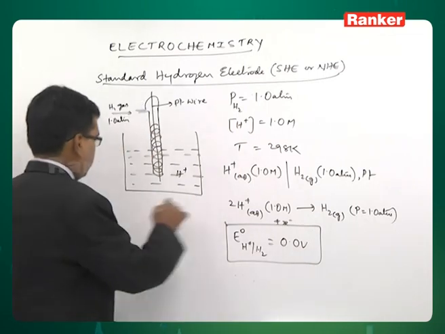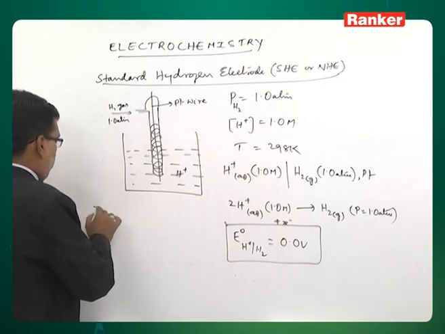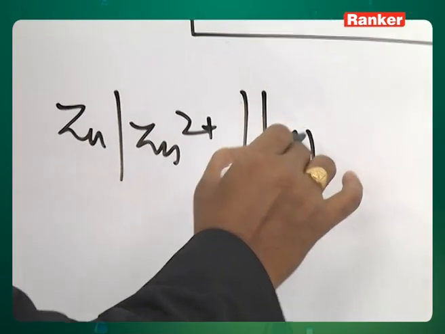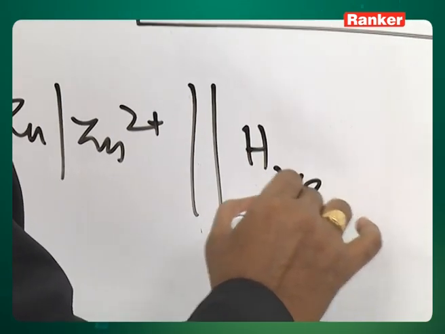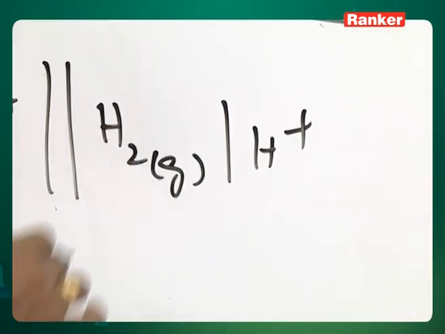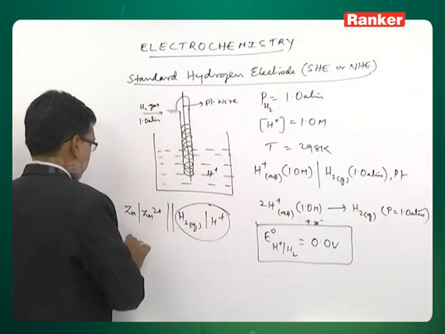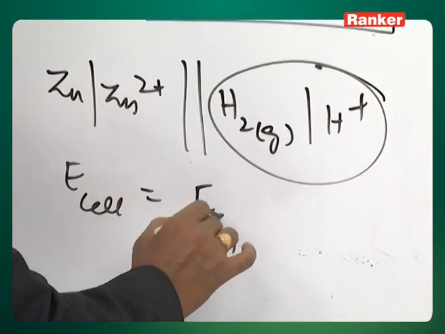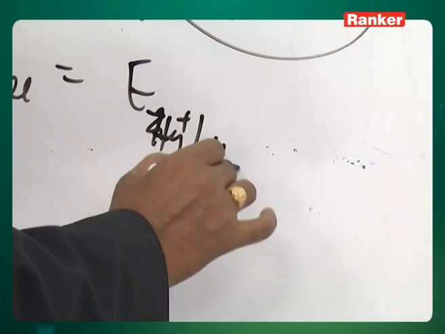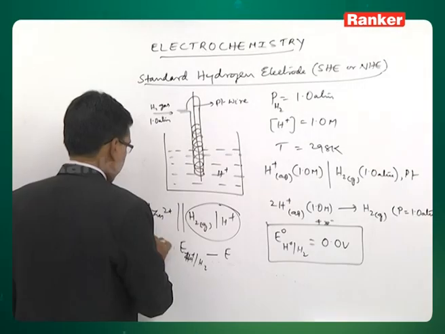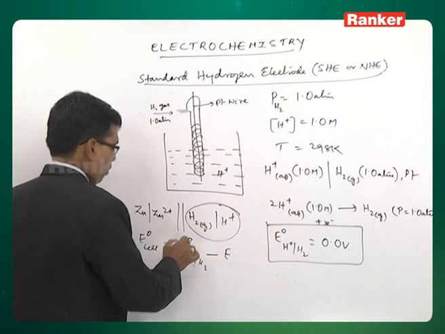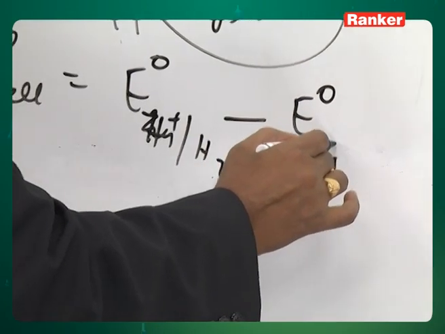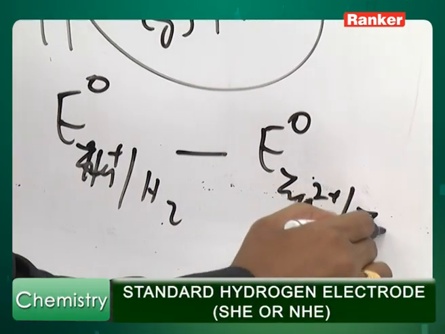Taking this, now this is connected to, suppose, a zinc electrode, where you write the cell notation as this. Now, this value is 0. So whatever E cell you get, E naught cell is equal to E naught H plus by H2 minus E naught Zn2 plus by Zn.